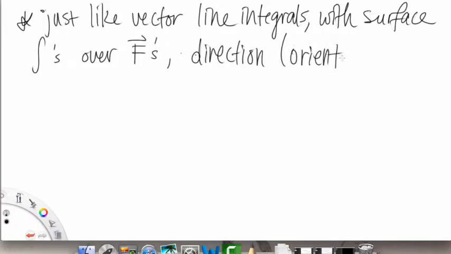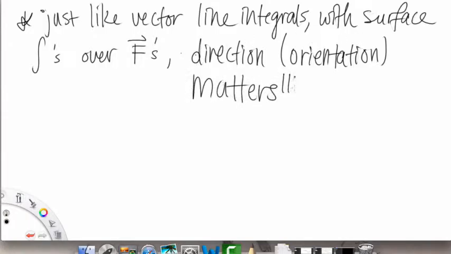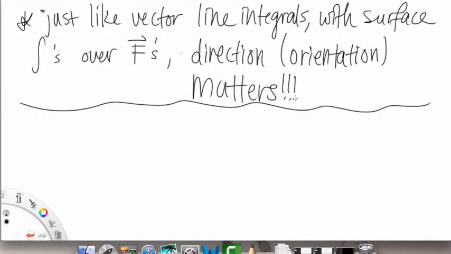That just means which direction you're going. Orientation matters. Okay, so that's pretty important. As you can see, I drew three exclamation points, so emphasis.